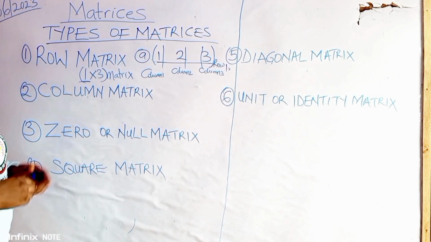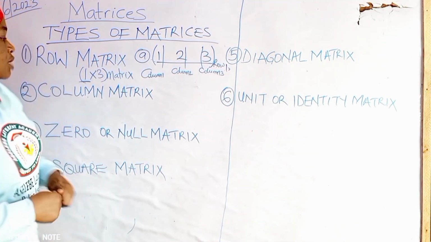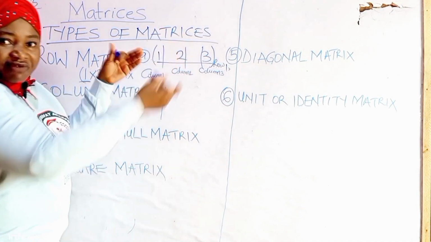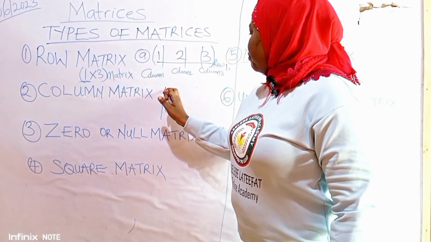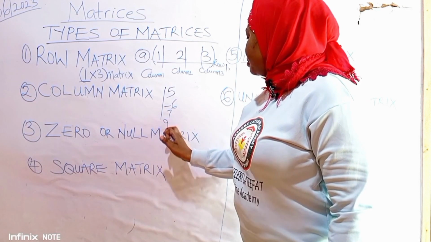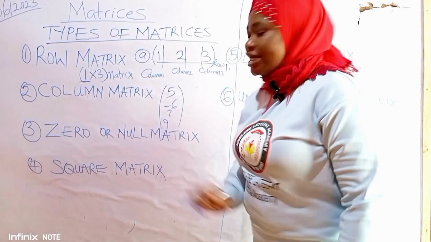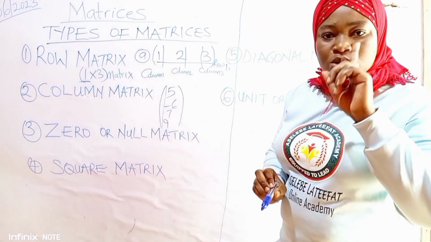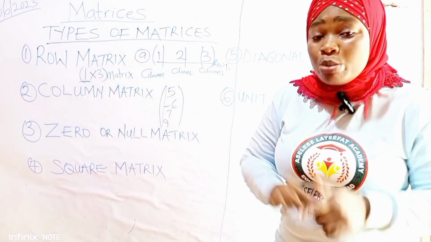Column matrix. A matrix is said to be a column matrix if it has one column. Here is a column, vertical. So you arrange the numbers in a vertical order. So let's say I have 5, minus 6, 7, 9. Irrespective of the number of rows that it has, inasmuch as it is in just one vertical line, a column, that means it's a column matrix.